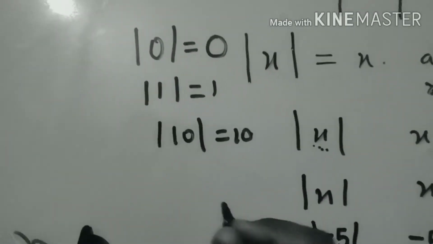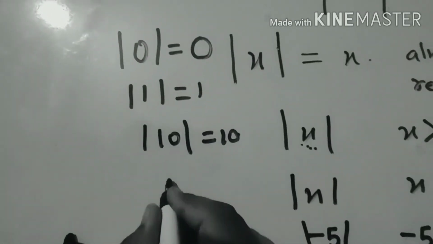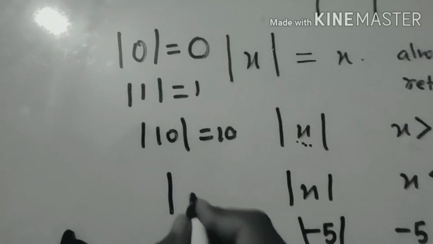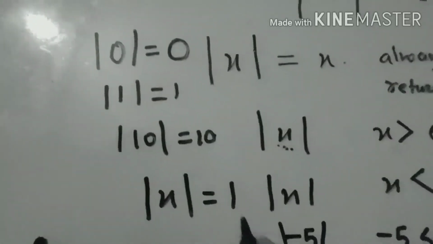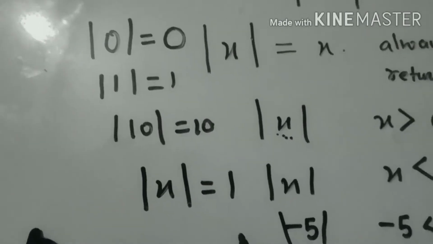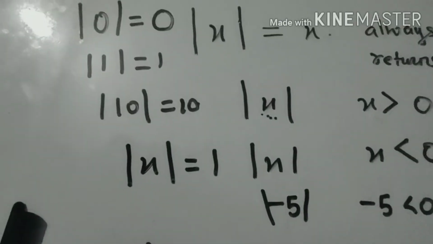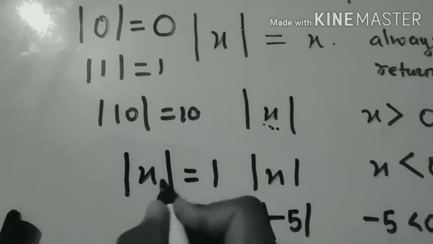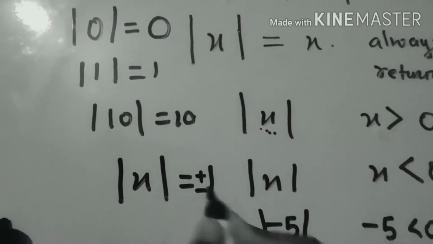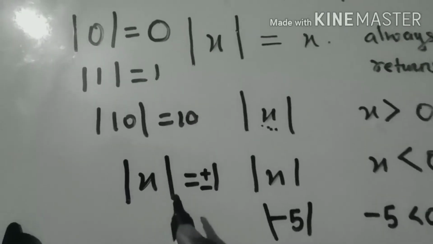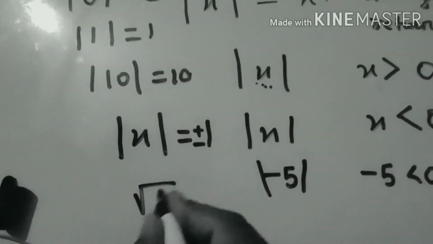Okay, now we'll discuss modulus of a number equal to 1. Modulus of x equals 1, and we have to find the value of x. Whenever we remove the modulus, we put a plus minus sign on the other side, like we usually do when we get the root of 4.